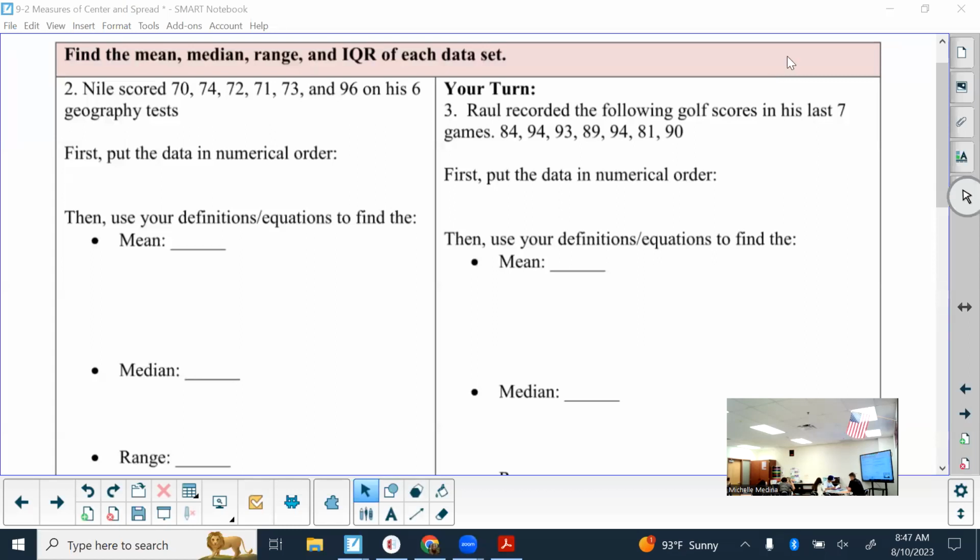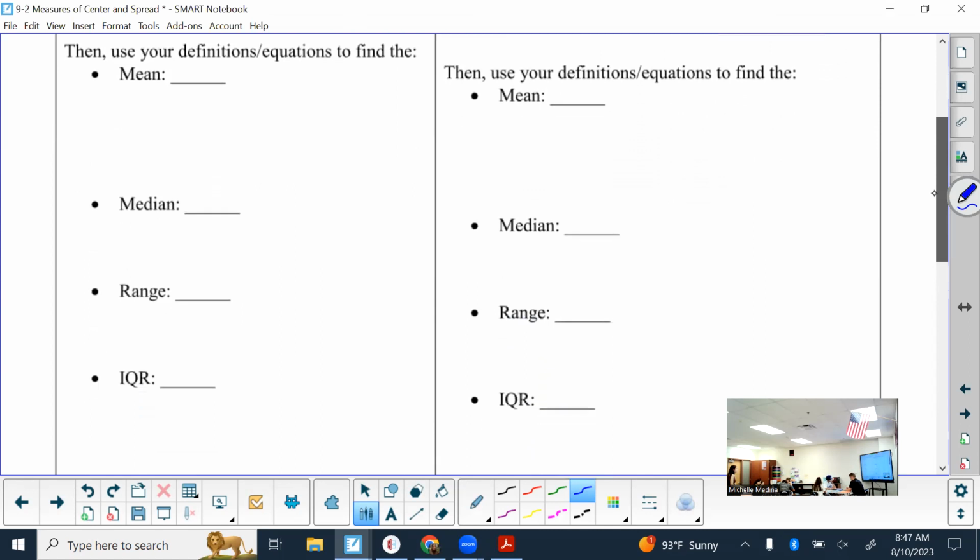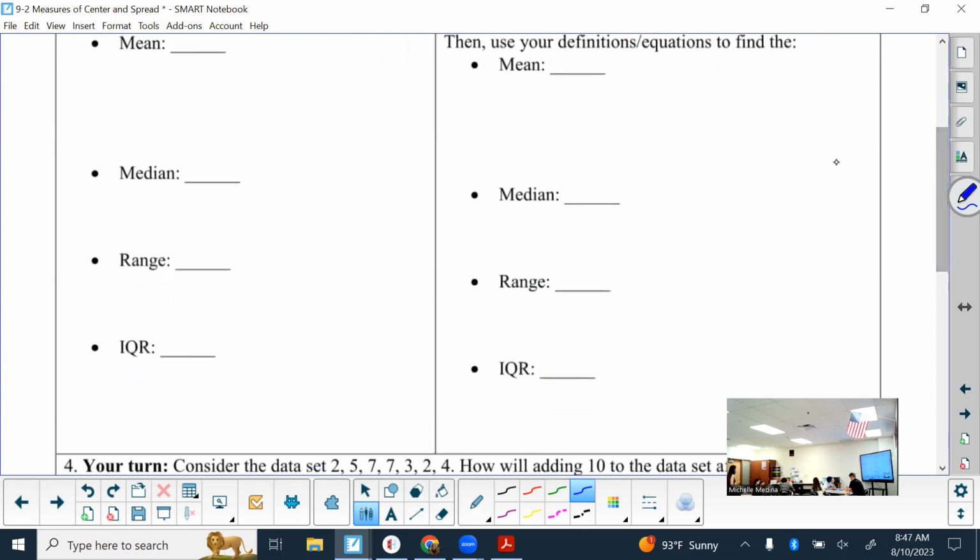Let's start with Vanessa. It says for this first example, we need to put the data in numerical order. Why? So that you don't get confused when you're finding the minimum and the maximum.